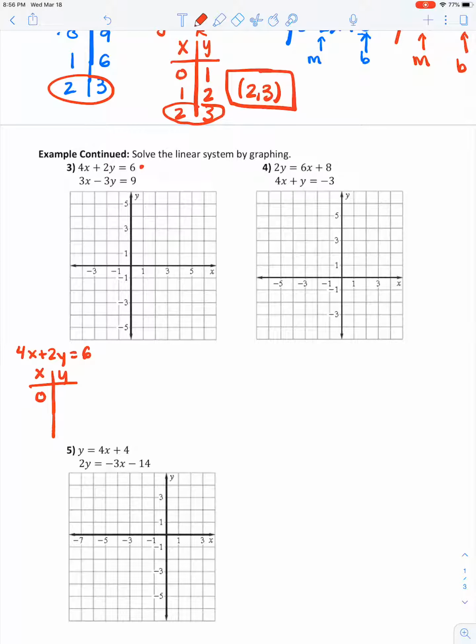Let's say I plug in 0 for x. That means I have 4 times 0, which is 0, plus 2y equals 6. I could divide by 2 on both sides, so y will be equal to 3. I could also plug in 0 for y.